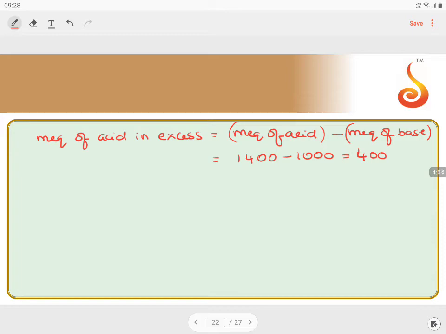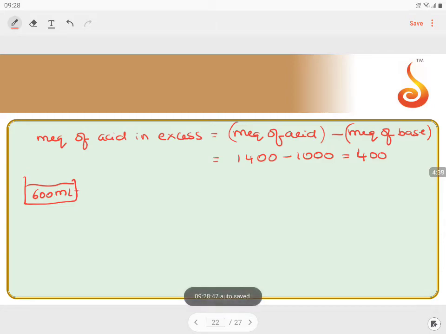Now just see here, we have taken only 30 ml of solution. The number of milli equivalents in a given volume will differ when you take only some amount of the solution. Originally you have 600 ml solution, 500 from H2C2O4 and 100 from H2SO4.